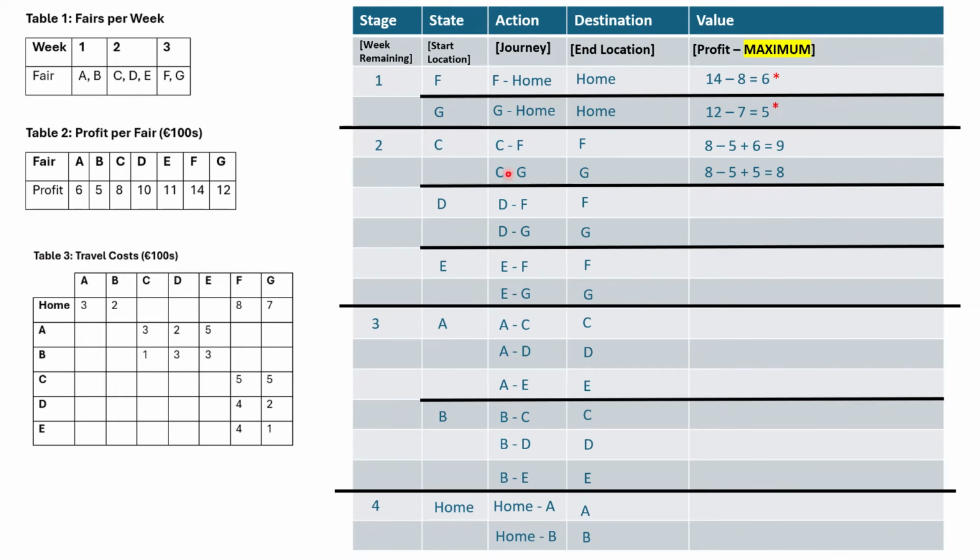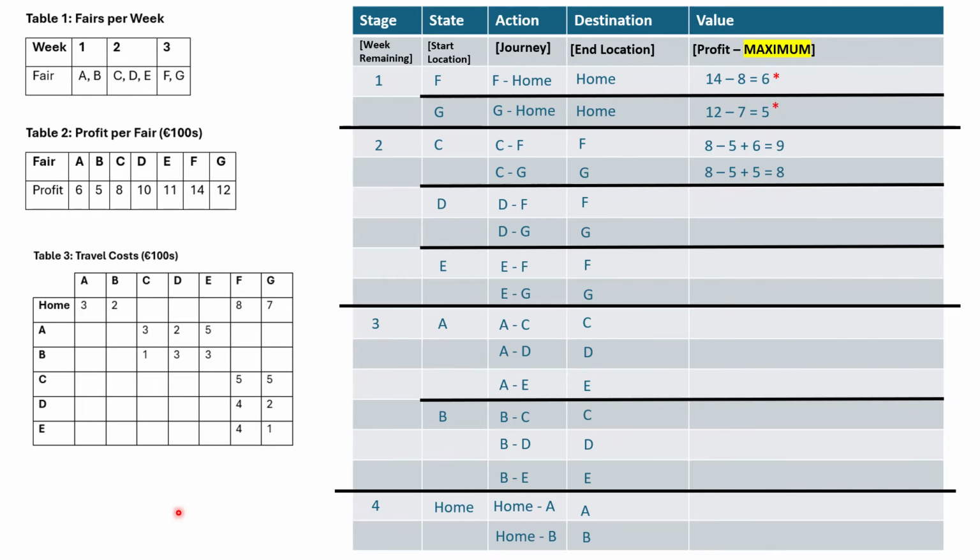Then if we go C to G, we again have that profit 8 at C. We then go C to G, which is also 5. But this second 5 comes from the fact that if we end up at G, to get from G back home is going to take 5.